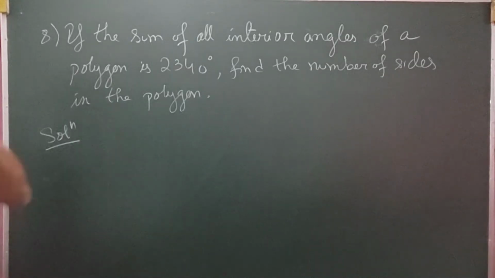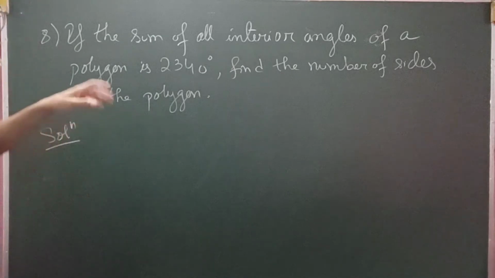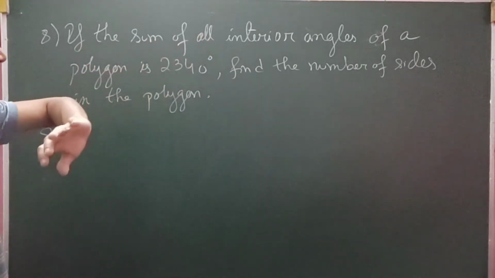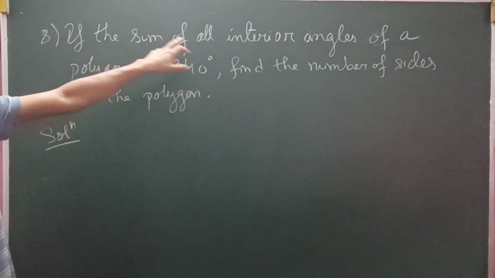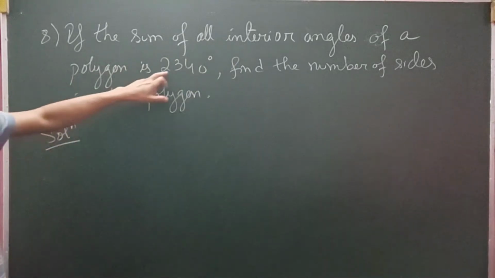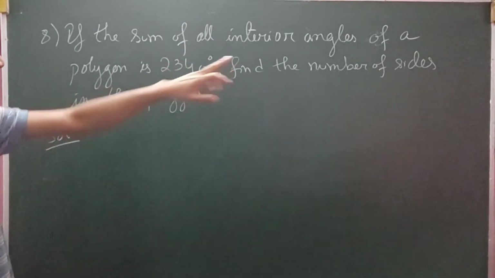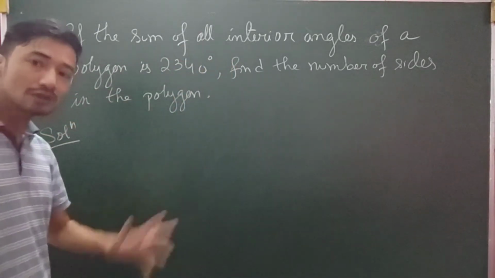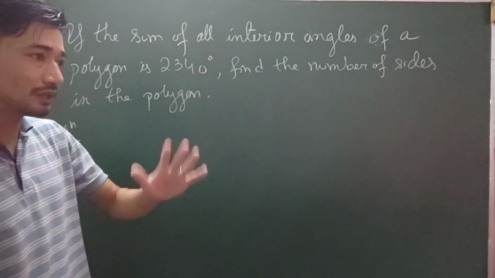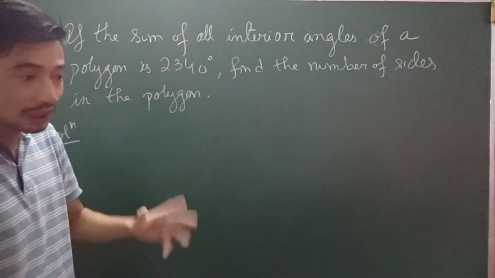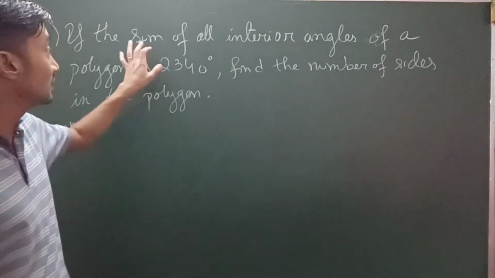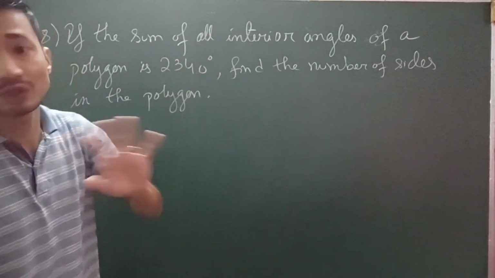The next question that is given to us is this one: if the total of all the interior angles of a polygon is 2340 degree, find the number of sides in the polygon. Here also find the number of sides. What was the difference between this question and the previous question? Remember, in the previous question, the sum of all the interior angles was not given.